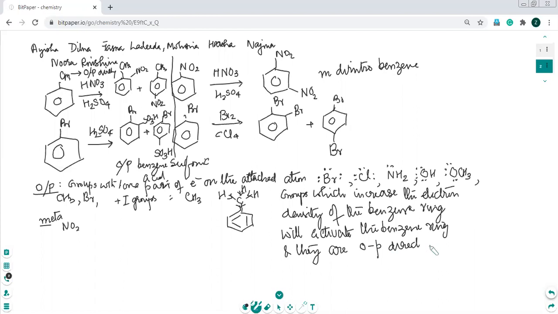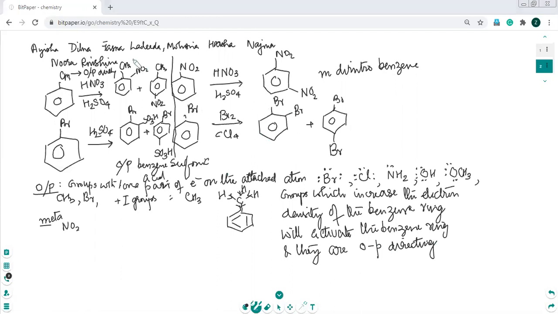Okay. So this is what is meant by ortho-para. Now why are they ortho-para directing? Why are these groups ortho-para directing?